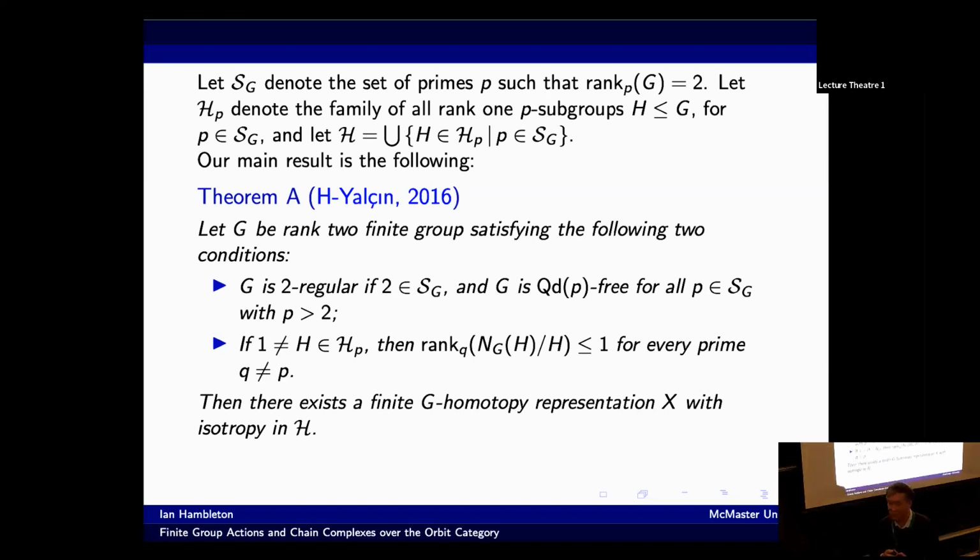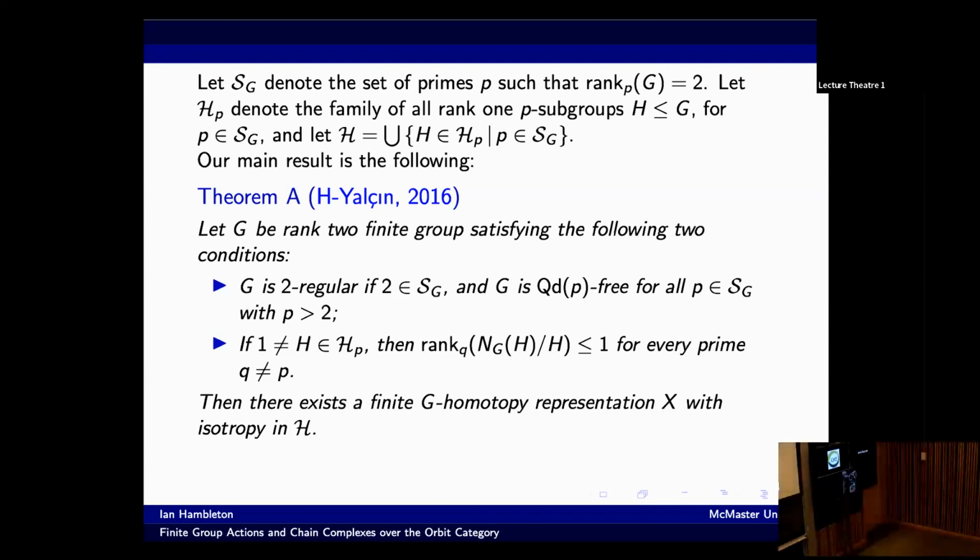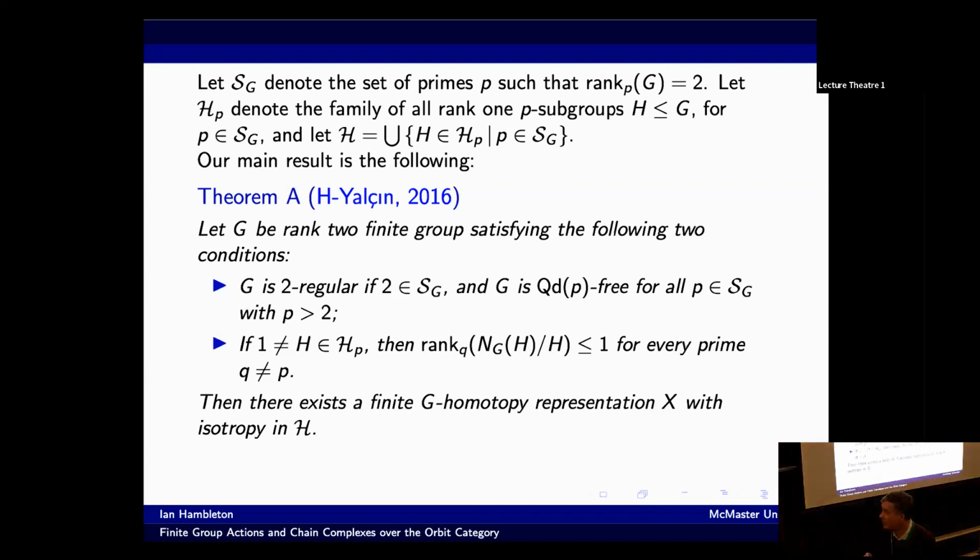This two-regularity has to do with the way that the Sylow subgroups sit in what's called the fusion system of the finite group. But I didn't want to include this very technical definition in the talk. And then there's a condition that arises from Smith theory. If you take a fixed point set, well, you look at these normalizers, the normalizer in G of H over H, where H is one of these groups in this family of rank 1 P subgroups.